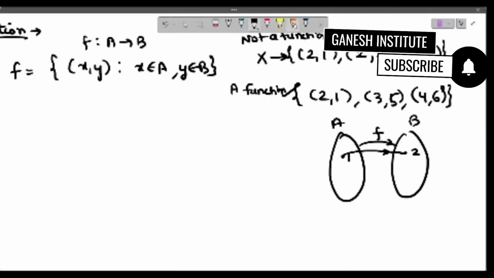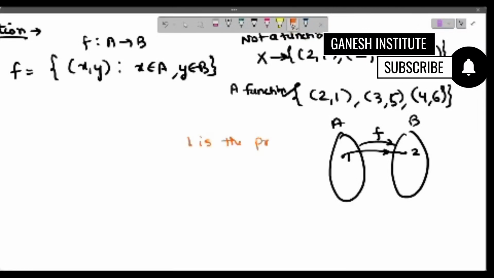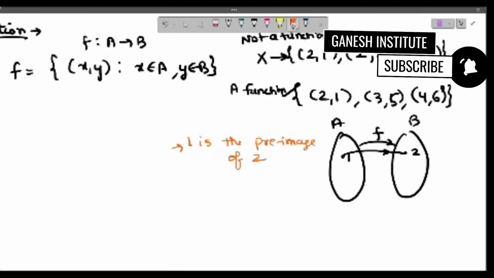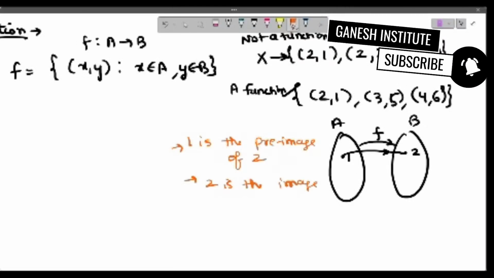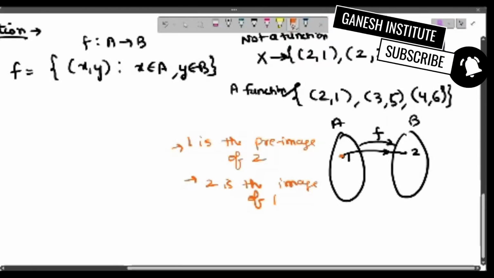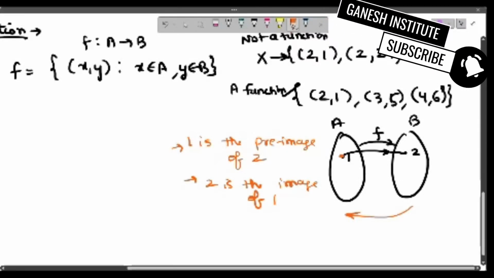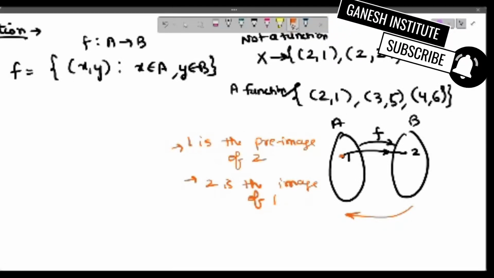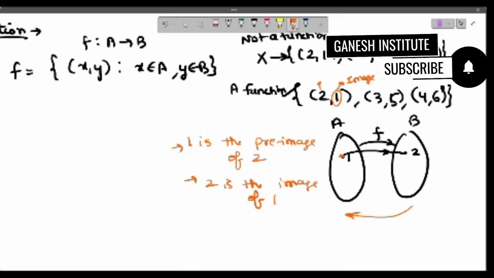So how do I define it? 1 is the pre-image of 2, and 2 is the image of 1. So how do I call it? If you are moving in this direction, 1 is the pre-image of 2. So the y component is the image and x is the pre-image.